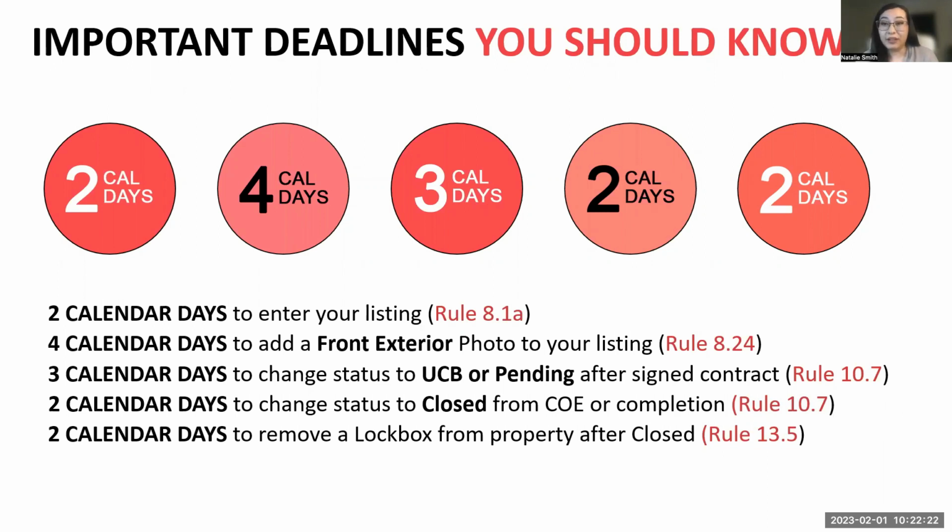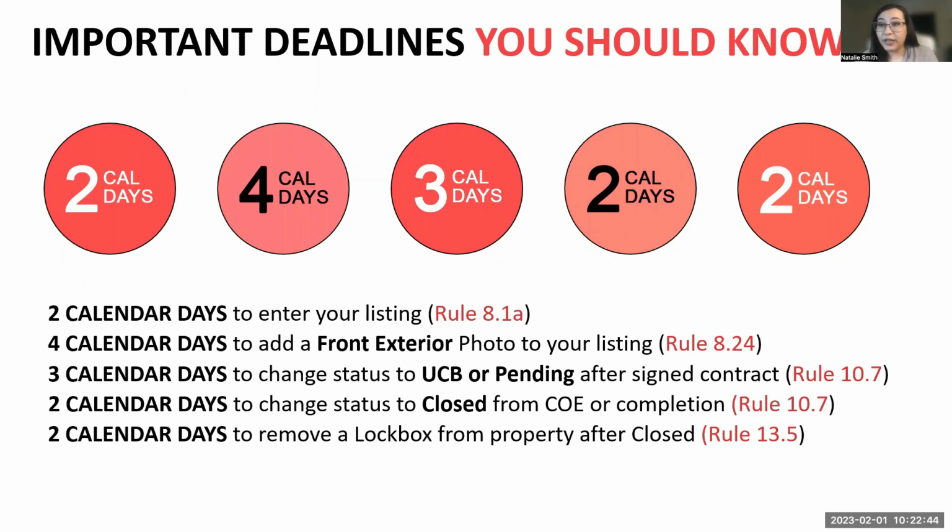You do have 2 calendar days to actually enter the listing into the MLS from the date that you and the seller decide on. You have 4 calendar days to add that front exterior photo to the listing. And no, that photo doesn't have to be the primary photo. It doesn't have to be the first one in the listing. It just has to be included somewhere within those first 4 days.